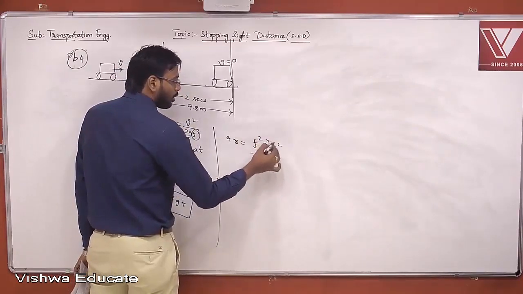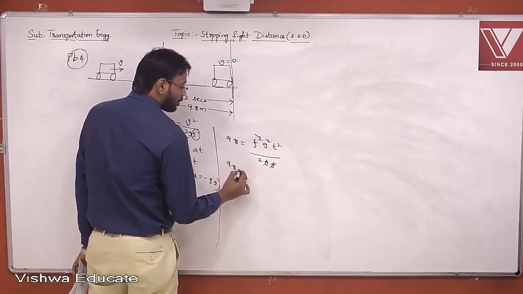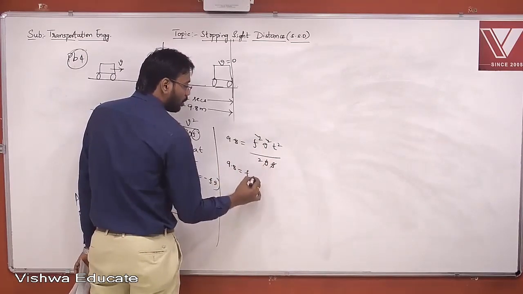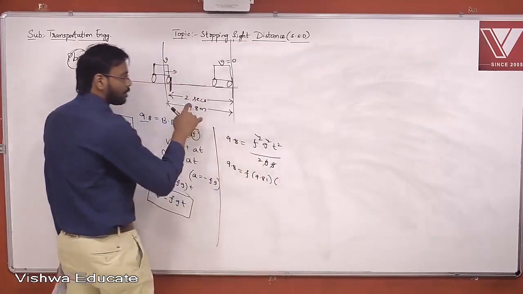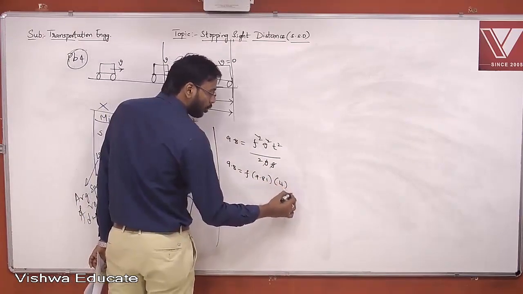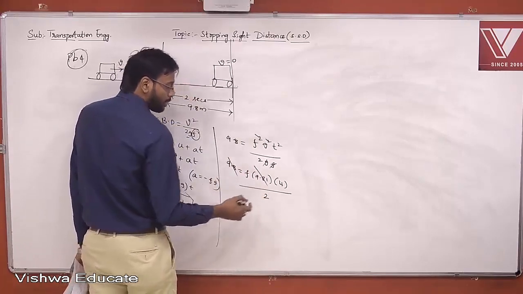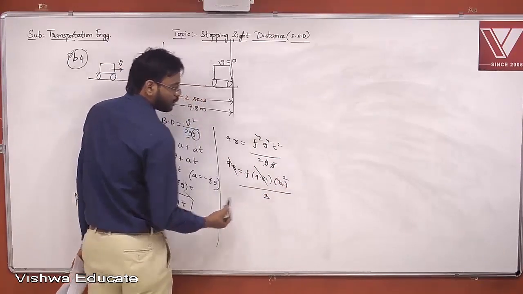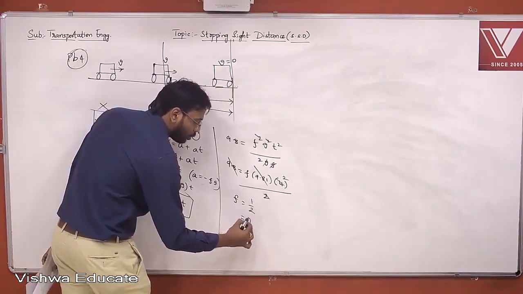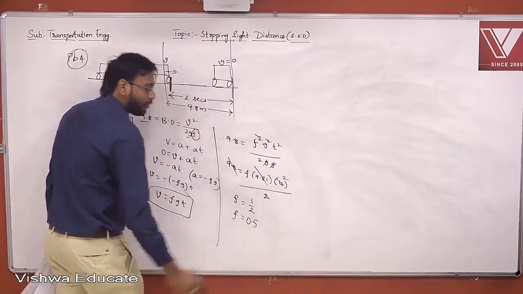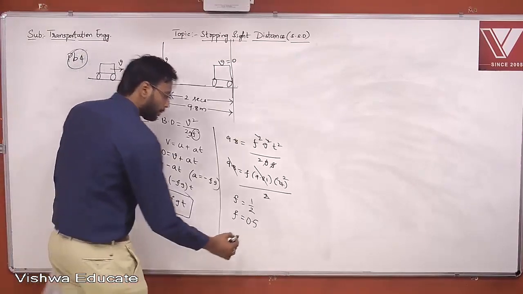So 1G and 1F get cancelled. So 9.8 is equal to F into G is 9.81, T is 2 seconds. So 2 square, that is 4 divided by 2. This 9.8 and this 9.81 get cancelled. This 2 over here cancels with this 2. So F is approximately 1 by 2, that is 0.5, which is given in option A.